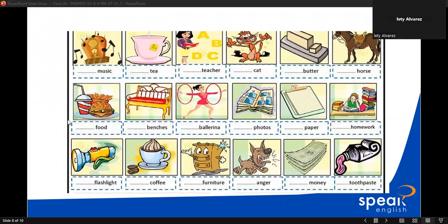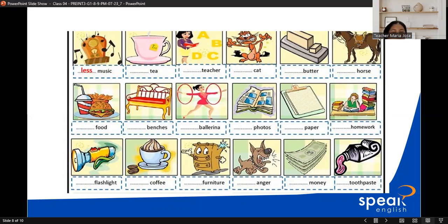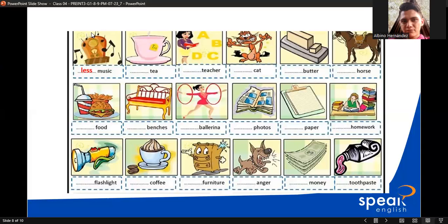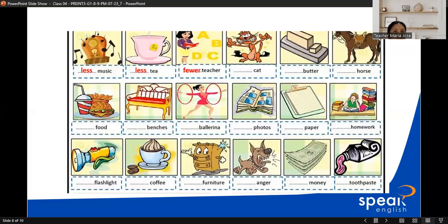So let's begin. Letty, music, fewer or less? Less. Excellent. Next one, Albino, tea. Less too. Okay. Alejandra, teacher. Fewer. Fewer, okay. David, cat. Fewer.